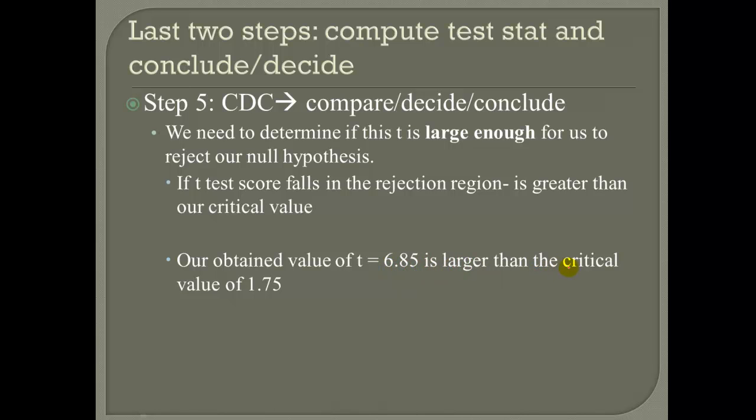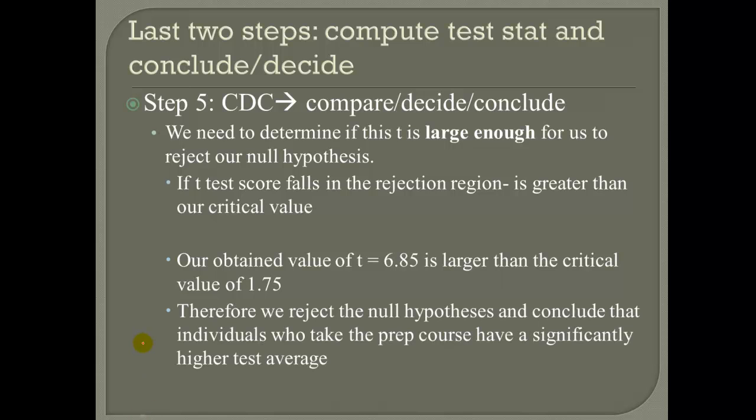This is much larger than our critical value of 1.725. So we can safely reject the null hypothesis and, because this is a one-tailed test, conclude that our research hypothesis must be true, and therefore individuals who take the prep course have a significantly higher test average than individuals who do not take the course.